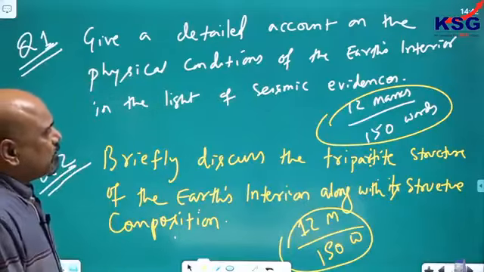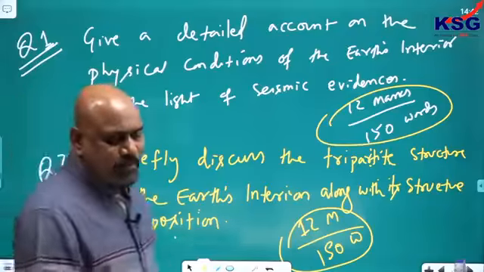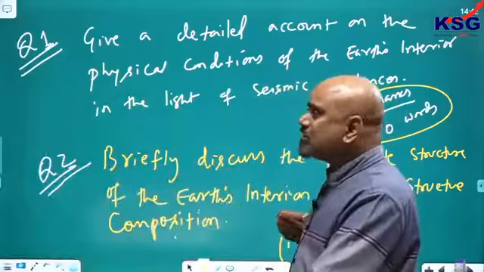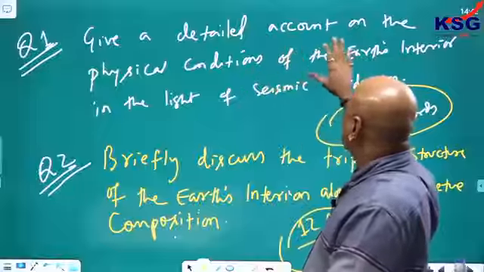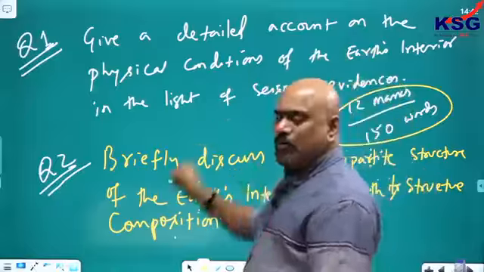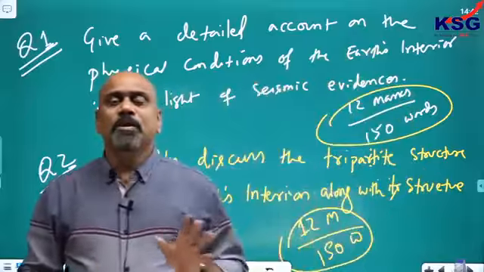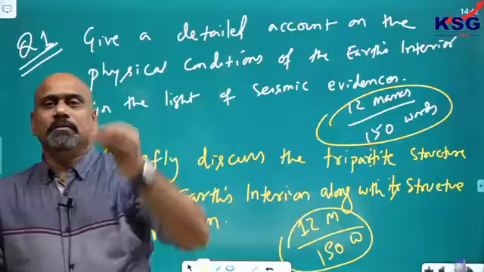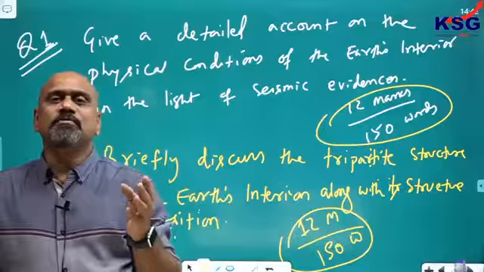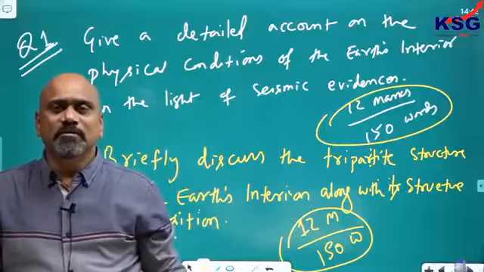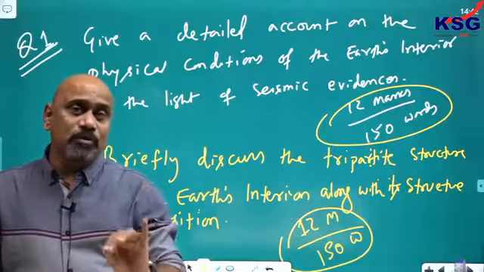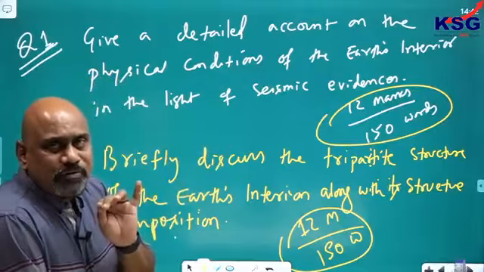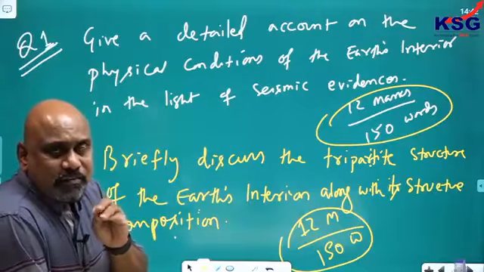Let me tell you what you need to do on this. First, you will get the feedback, no doubt, while you write and give the answer. Give a detailed account on the physical condition of the Earth's interior. Now, for a detailed account, you need to give the different sources from which you get information about the Earth's interior. The focus will be on seismic evidences, particularly seismic tomography, where you need to state the characteristics of the seismic wave.